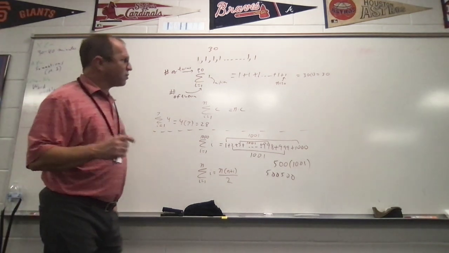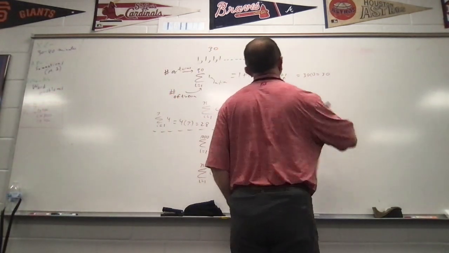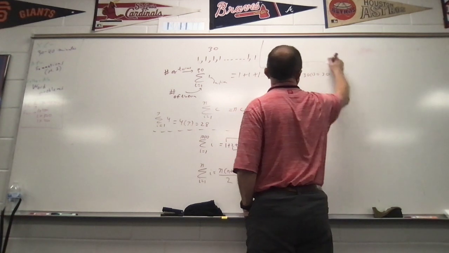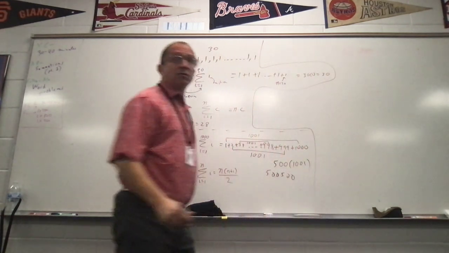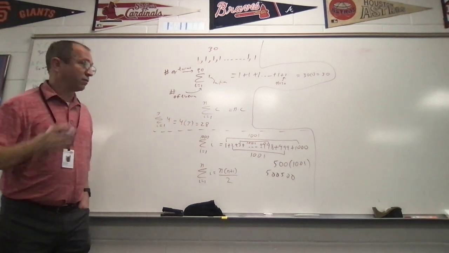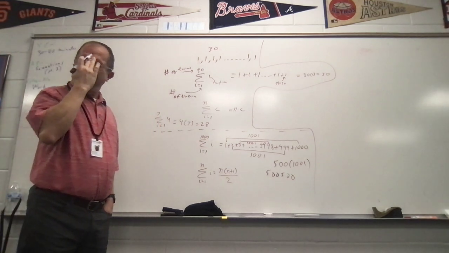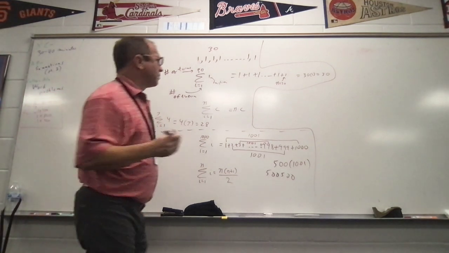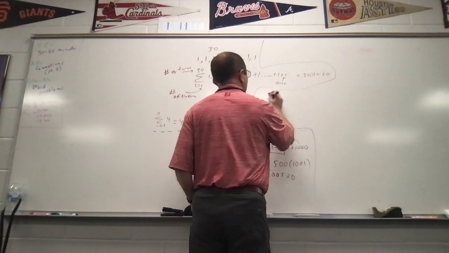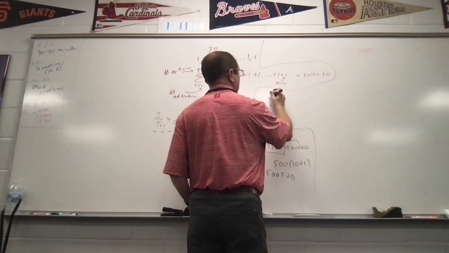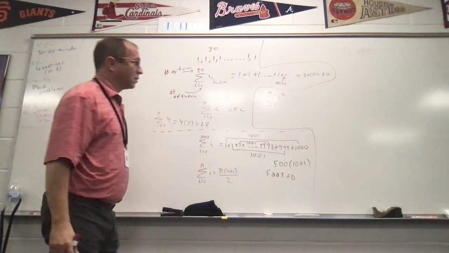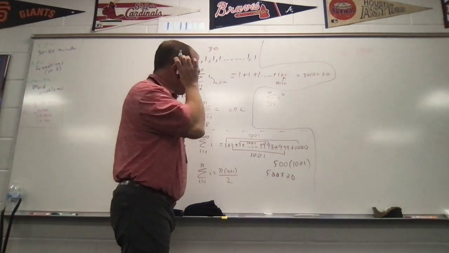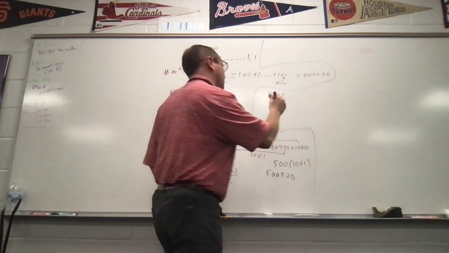Now, the others that I'm going to show you can be proven by induction, which is what we did last year. If you want to look at proofs by induction again, you can. But it starts off with, if we have i equals 1 to n of i squared. Well, let's look at what that looks like as far as a sum is concerned.